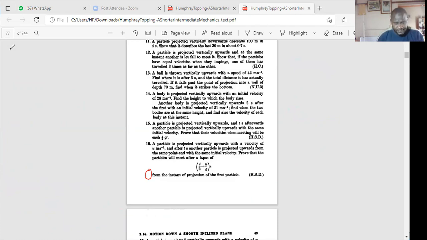Therefore, we are saying the particle is projected vertically upwards with the speed u. We are projecting the particle with the velocity u. After t seconds, this particle goes. After t seconds, we project another particle.